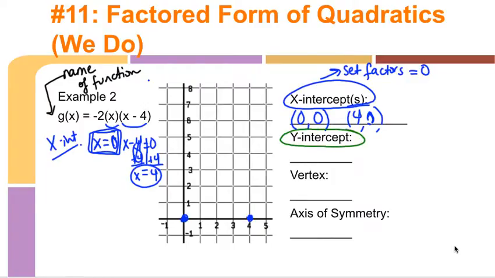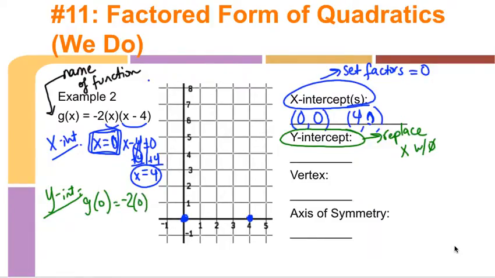My y-intercept tells me I replace x with 0. So if I replace x with 0, that means g of 0 equals negative 2 multiplied by 0 multiplied by 0 minus 4.